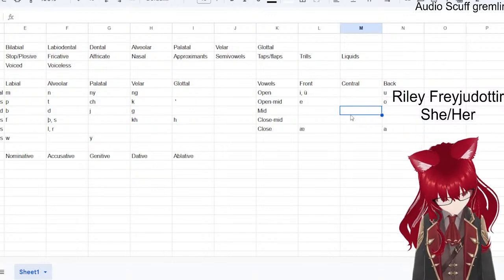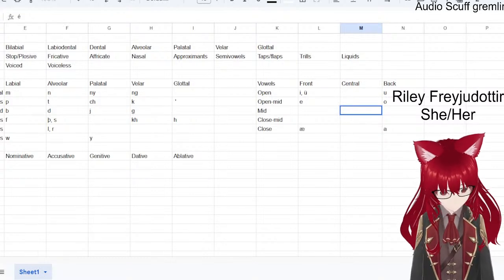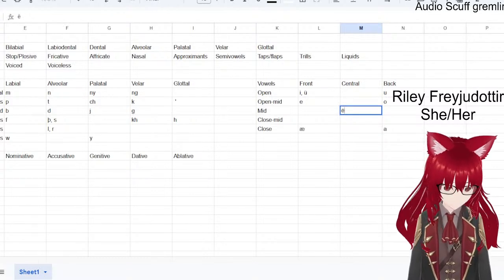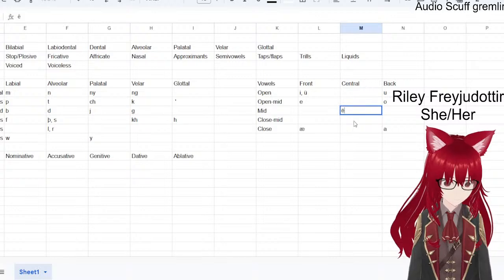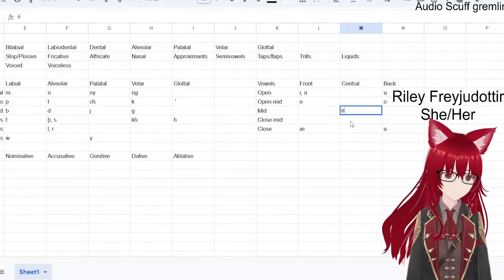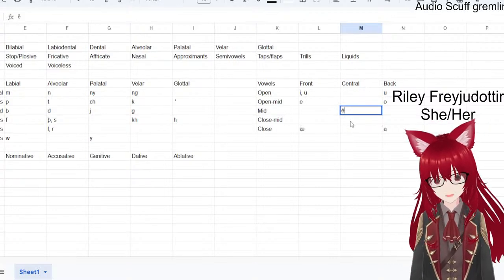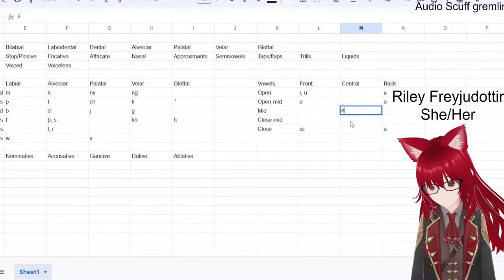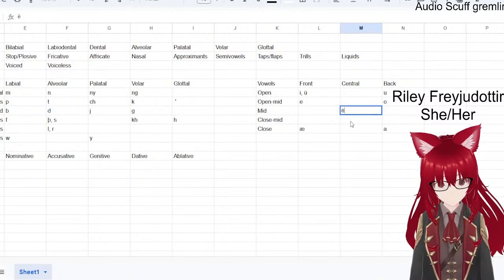And here, this is the schwa sound. It's a mid-central vowel. It's the sound that exists in unstressed English vowels.